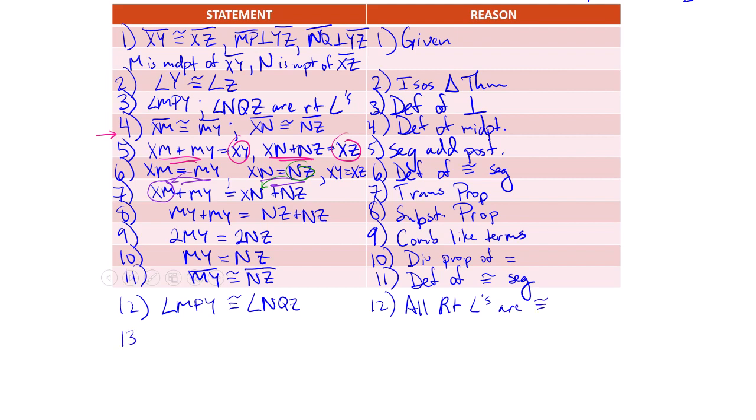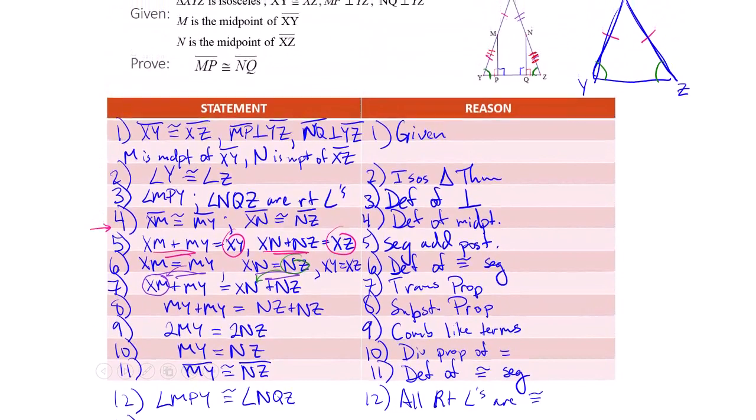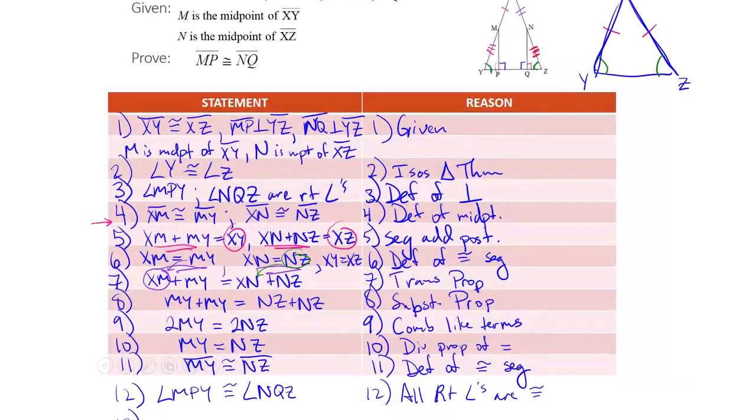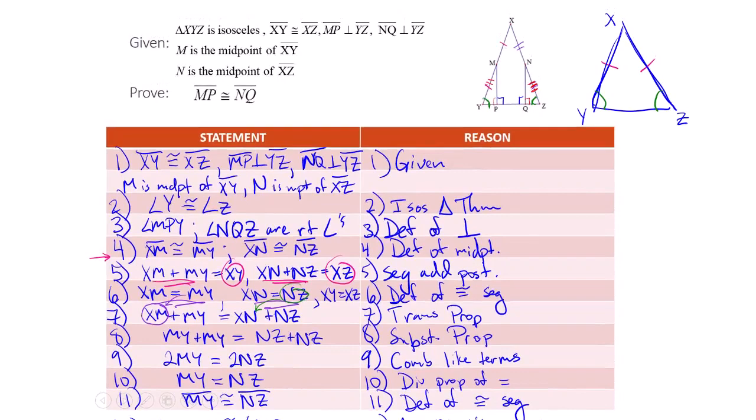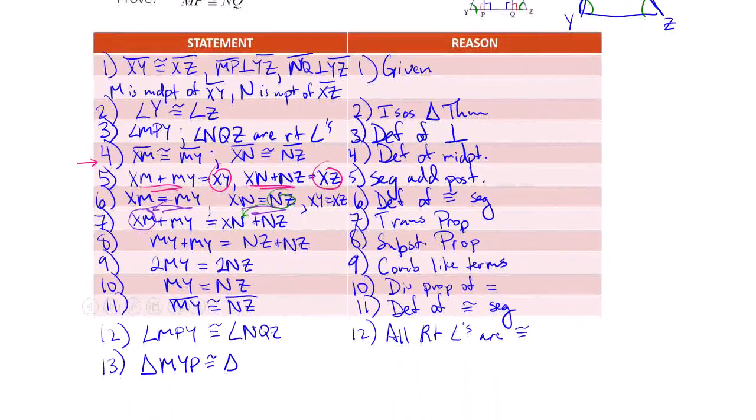All right, and then now we can say that means the triangles have to be congruent. Triangle MYP is congruent with triangle NZQ, and that's by AAS.